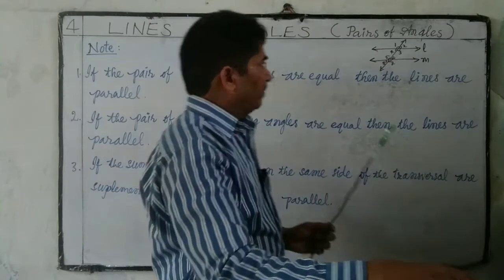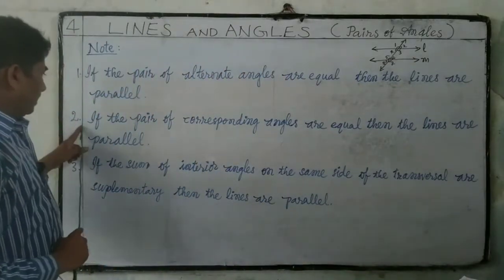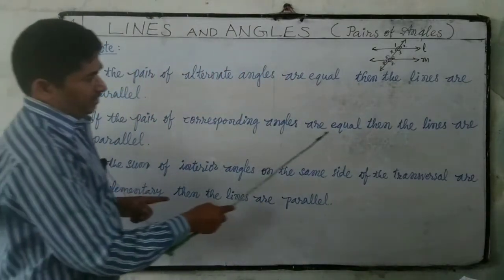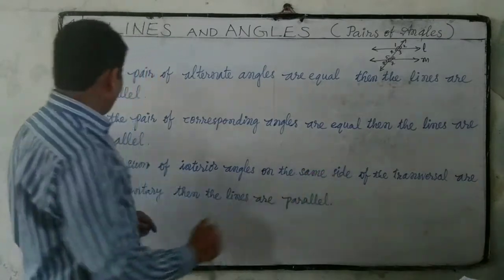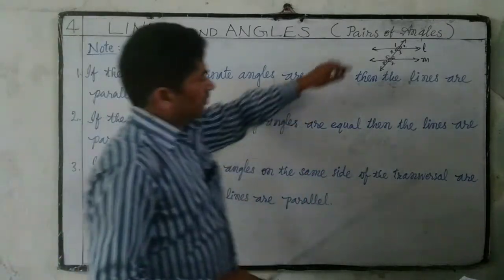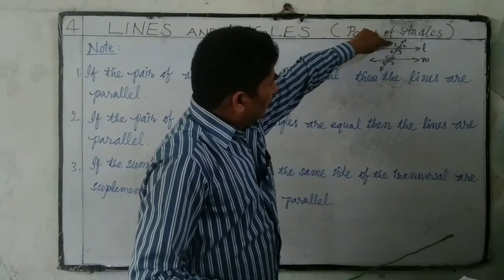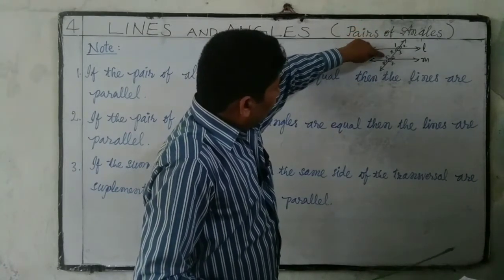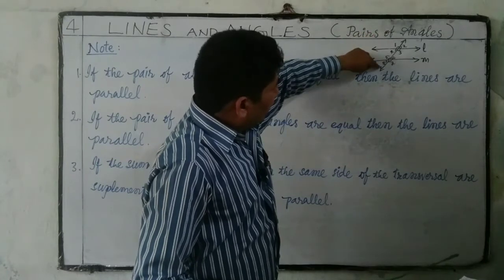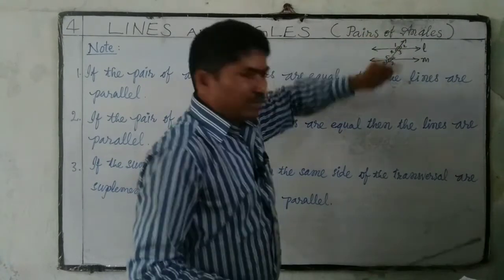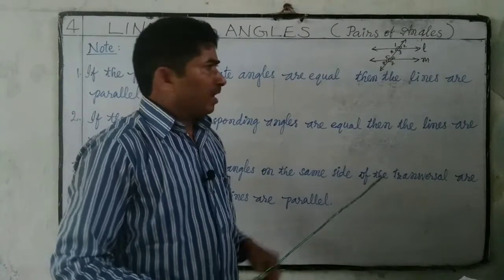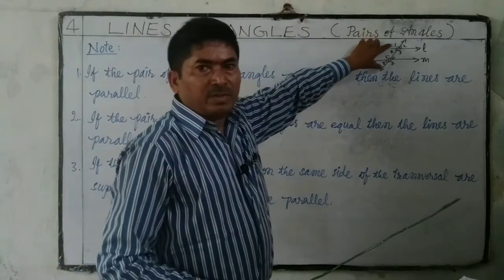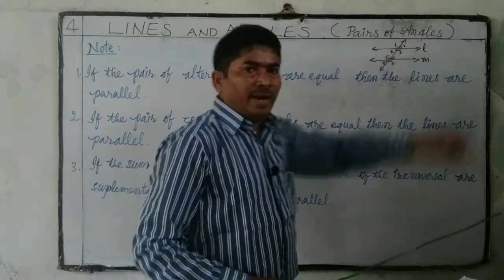Second, if the pair of corresponding angles are equal, then the lines are parallel. Corresponding angles 1, 5, 4, 8, 2, 6, 3, 7. If these are equal, then the lines are parallel.